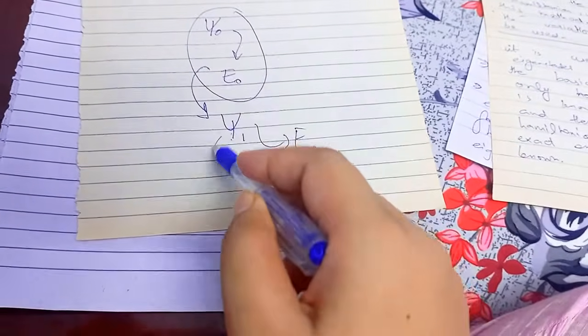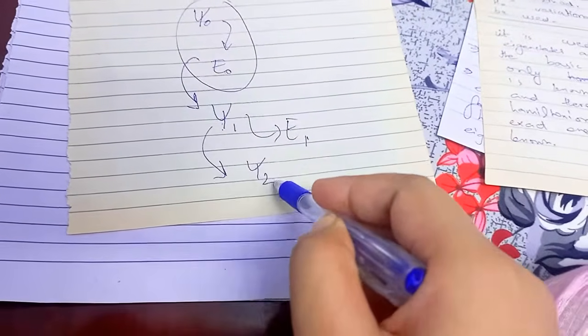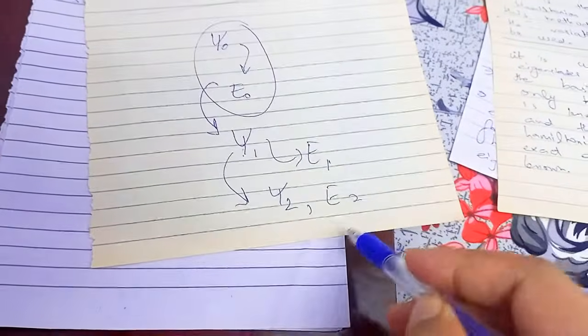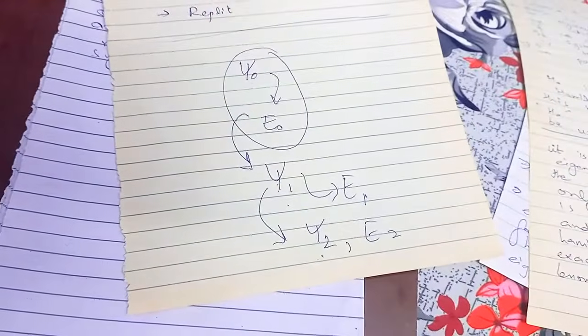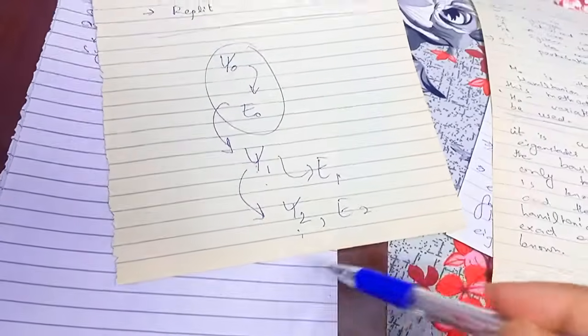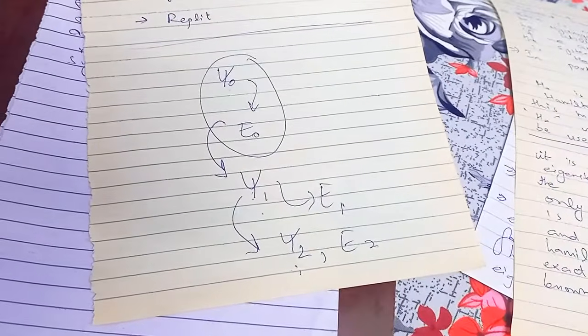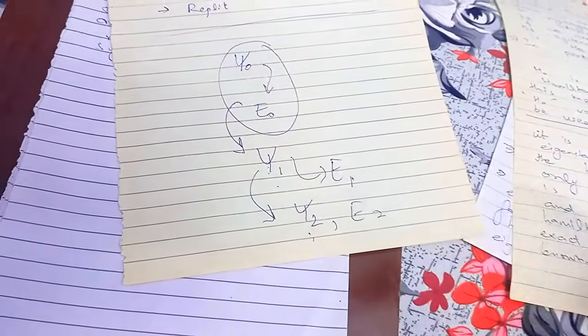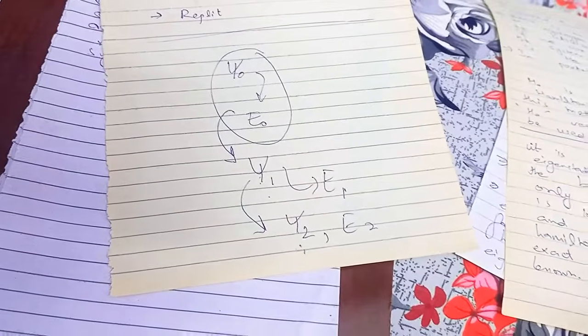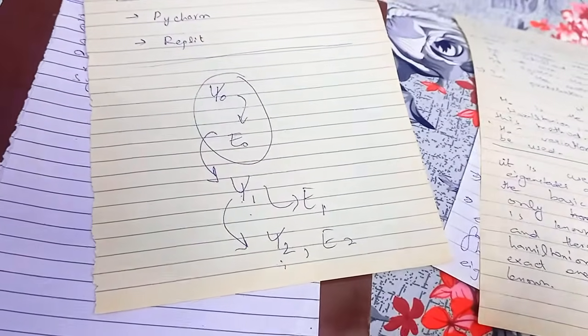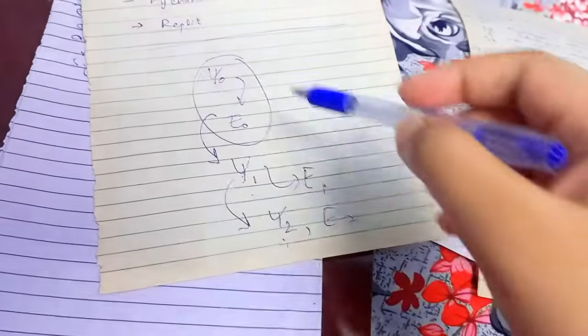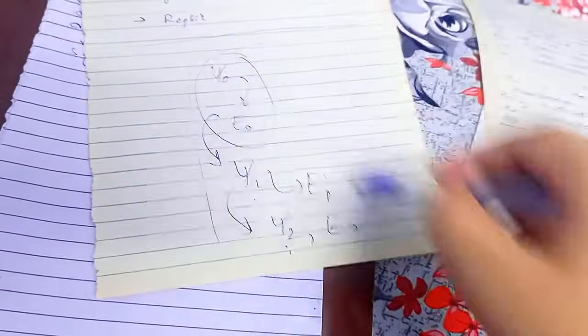If you know psi1, then you can determine psi2 and hence E2. If you want to determine psi2, then you should know psi1 and psi0 as well. If you don't know these two, then you can't find out psi2. It's like a chain, and that makes it lengthy, and that is the reason it is only useful for the lower states.